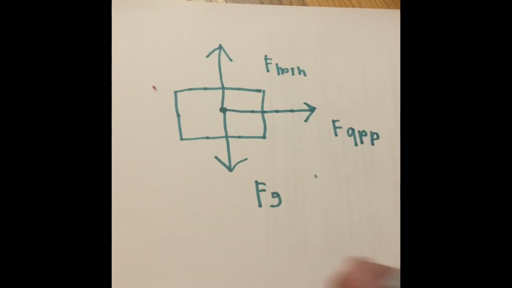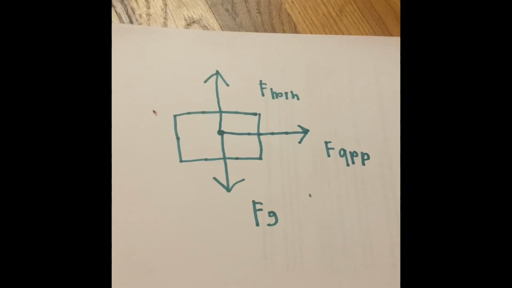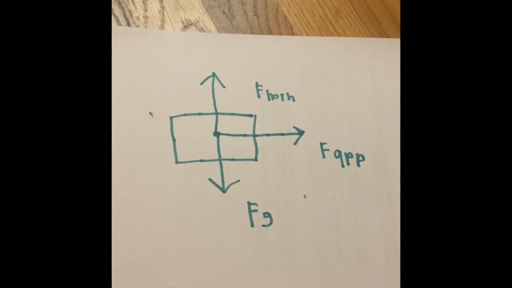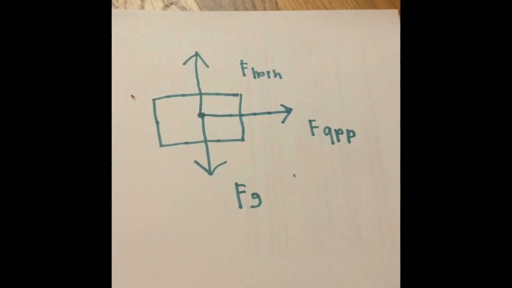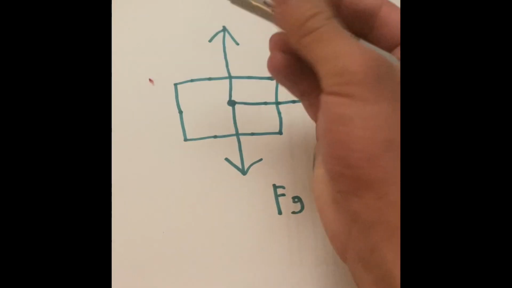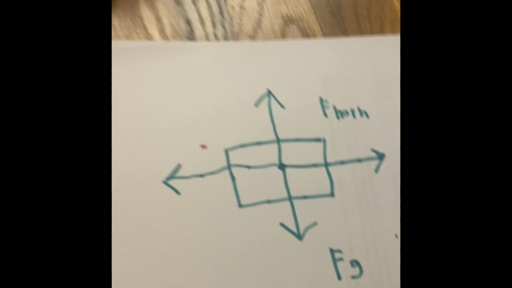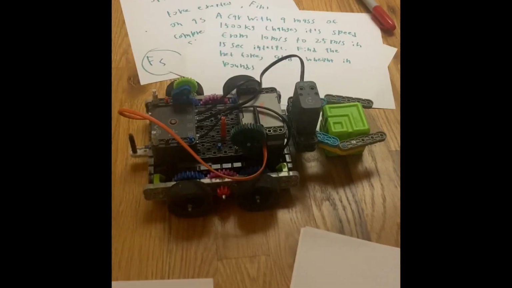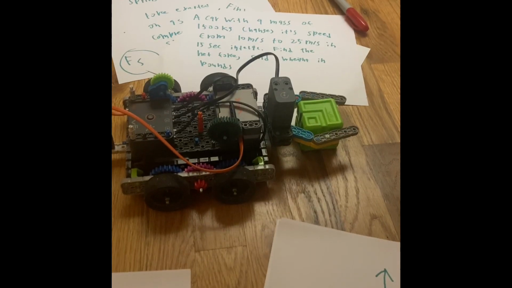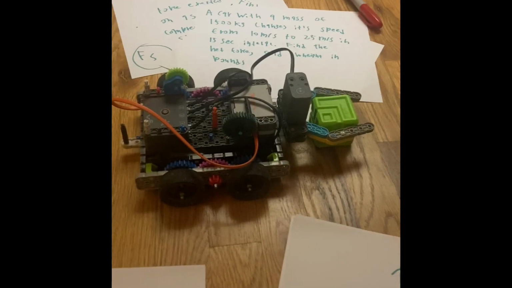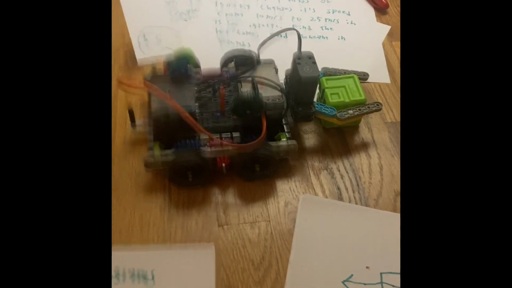But there's one more force that you can't see. You can't see gravity, but you can notice it. You can't see normal force, but you can notice it. And you can actually see the force being applied. The last force goes in the opposite direction. The robot is not on an ice rink, so there's going to be something slowing the block down, making it harder to go faster. That is called friction.